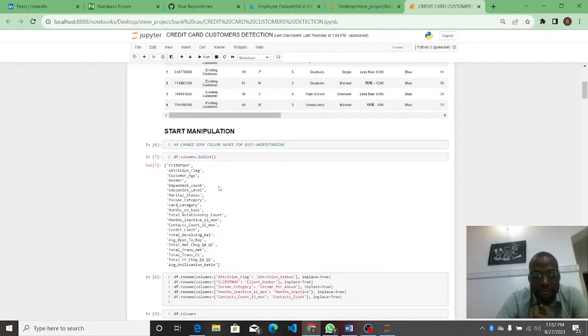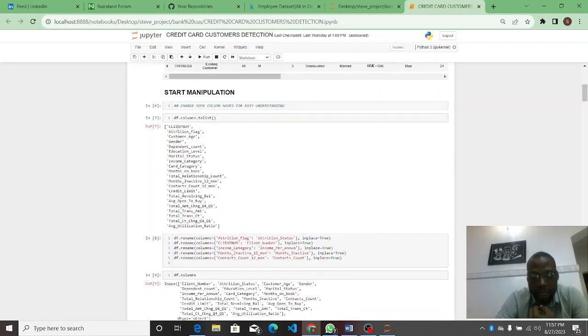So the first thing I did was to check the list of columns, because of course that's where we'll be getting our metrics from. And I noticed that there are some columns that are not in the right form, and kind of like not okay. Just like the first one, the client number, which looks kind of odd from the rest of the columns because it is actually in uppercase.